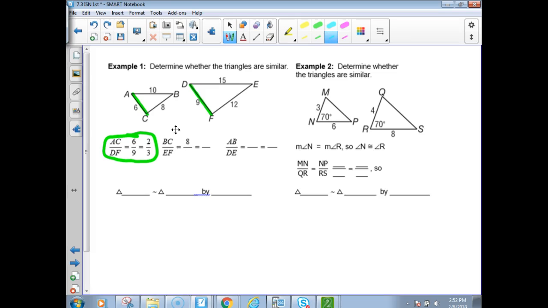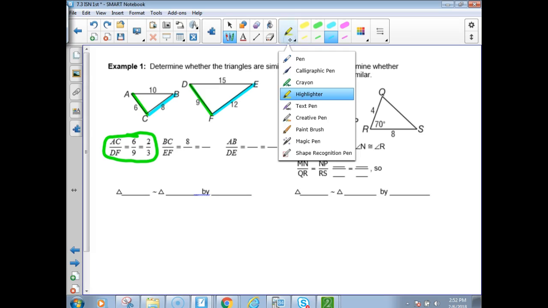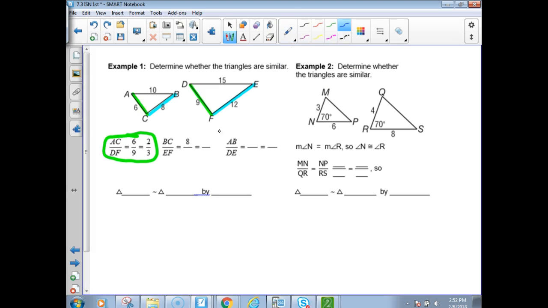Next, we're going to do BC, which is labeled with an 8. Compare it to FE or EF, which has a 12 on it. 8 to 12 would be the ratio. You can divide 8 by 4 and 12 by 4, and you're going to get 2/3. So I just proved that those are in the same ratio as the other two sides that we already compared.